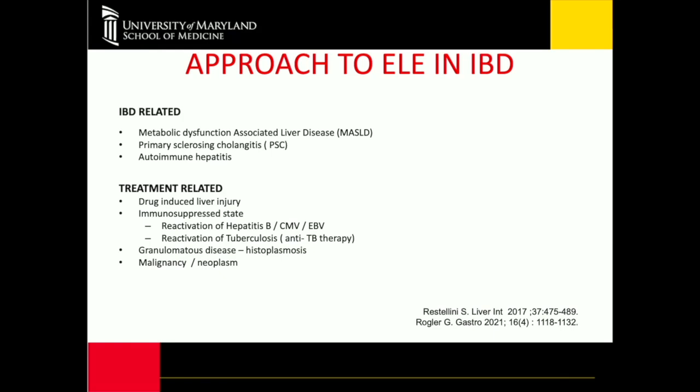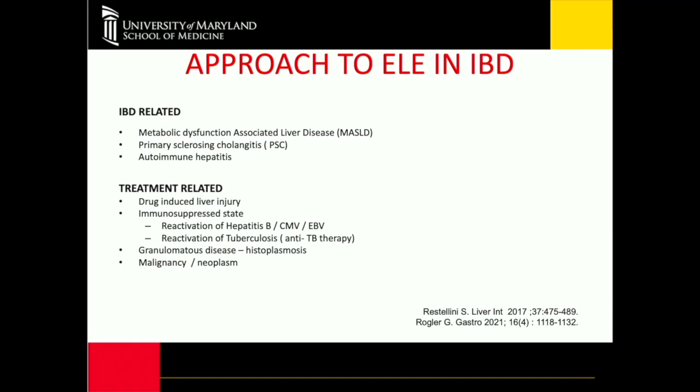Of the IBD-related liver diseases, MASLD, metabolic dysfunction-associated steatotic liver disease, previously known as NAFLD, is the most common. PSC, of course, is the most typical, and autoimmune hepatitis also occurs with a fair frequency.